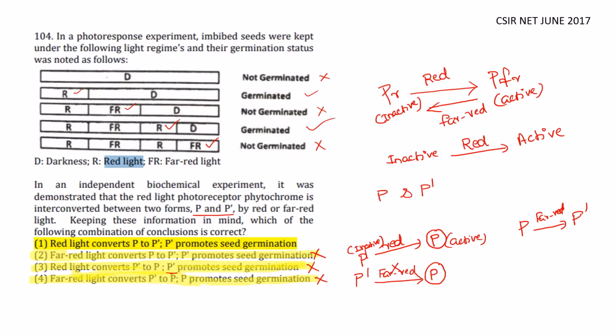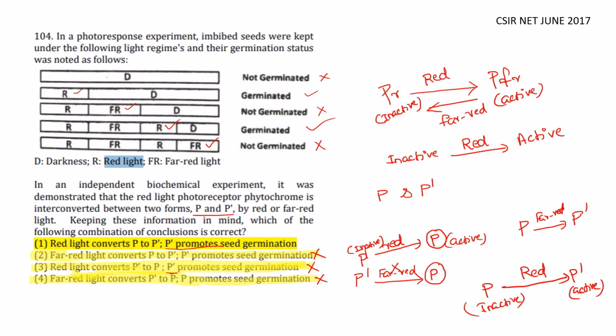In option 1 it is given red light. It is converting P to P dash. So we can say that P is the inactive form or PR form and P dash is the active form. And the next statement is P dash promotes seed germination.